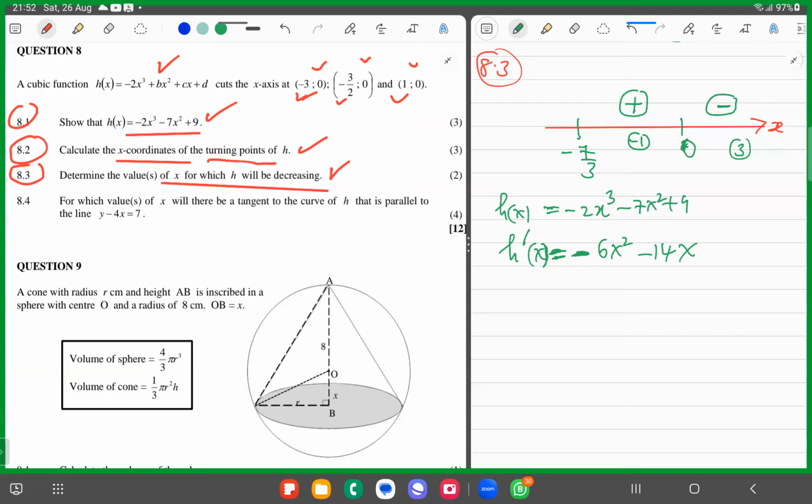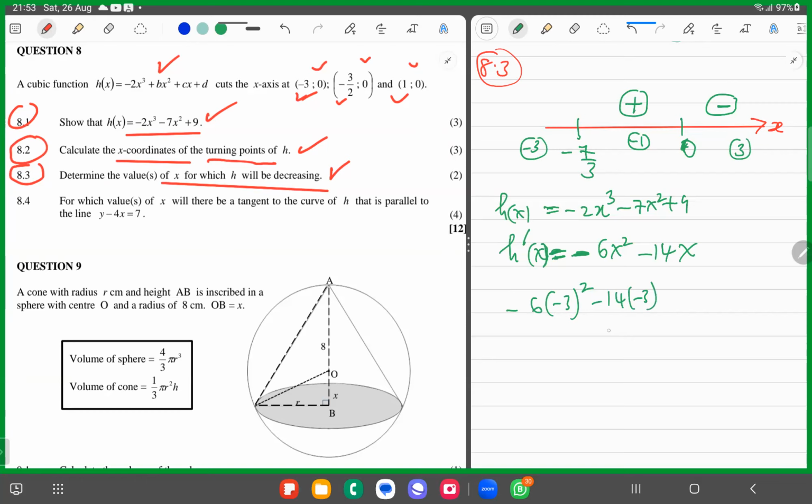So now, which is negative. See what you're getting there, just to be careful. So you put -3, just picking a -3 at random here. You'd have a -6 into -3 squared, -14 into -3.